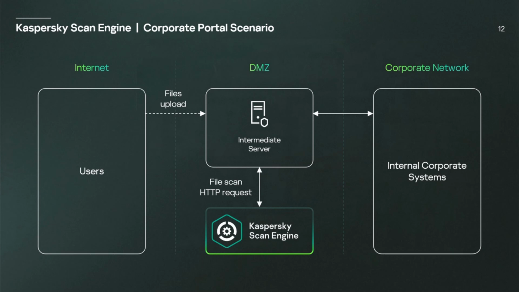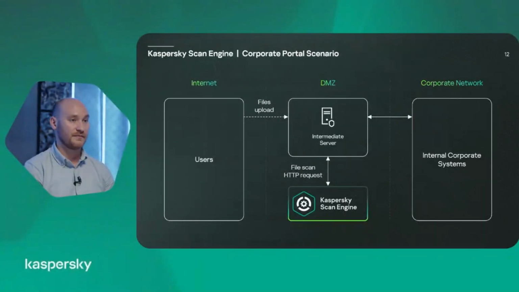Users upload files to this intermediate server, and this intermediate server, in its turn, communicates with Kaspersky Scan Engine to send files or objects uploaded for checking. And after receiving verdicts from Scan Engine, this server can make a decision. So if the file is clean, it can be approved and further moved, uploaded to internal corporate systems of the customer. In case some threat is detected within this object, it can be marked as malicious and moved to quarantine or deleted.